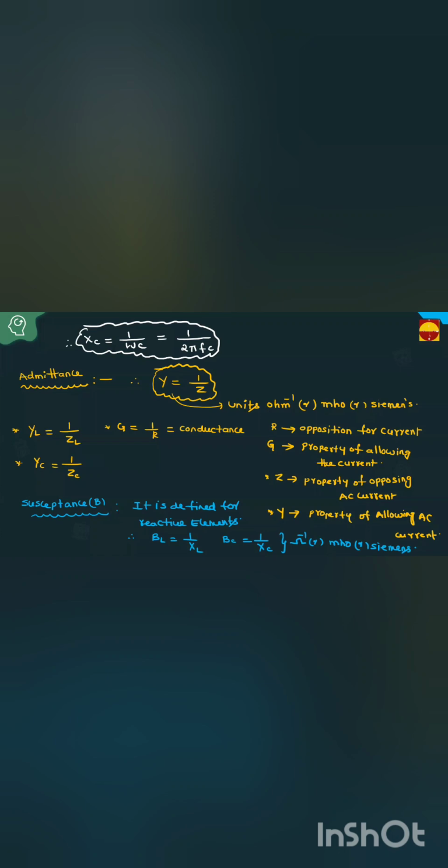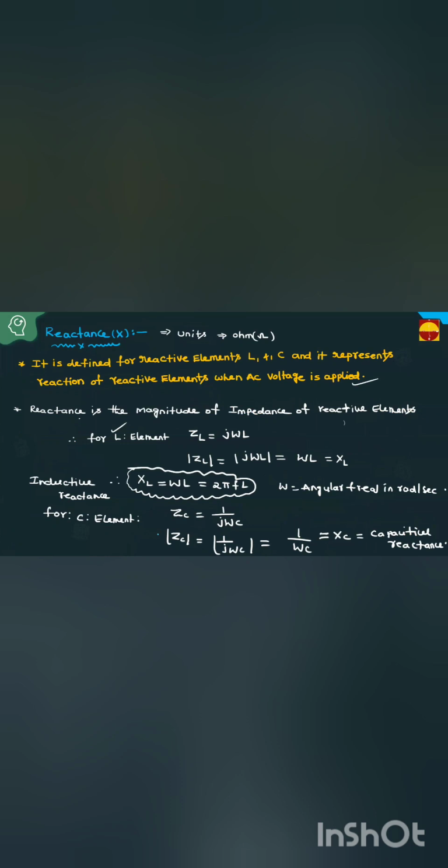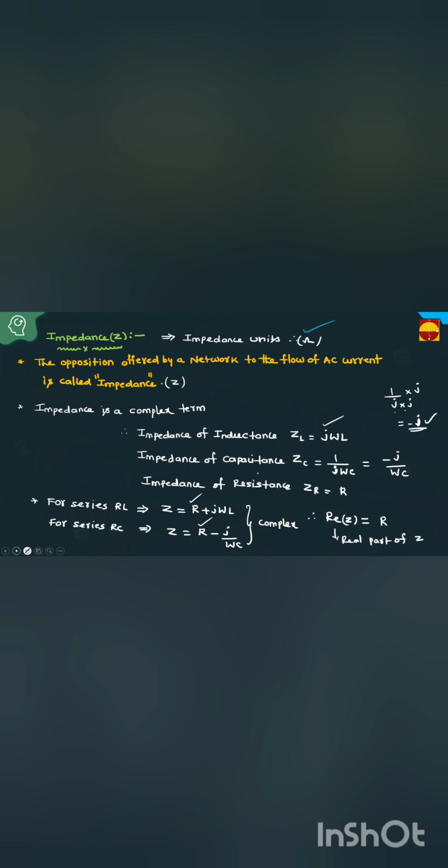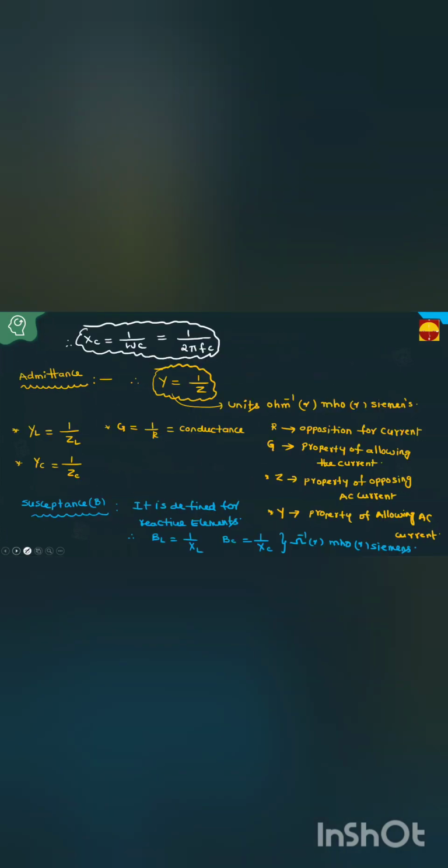Admittance units are ohm inverse or mho or Siemens. But reactance units are ohms. What are the units of impedance? Impedance units are also ohms. Reactance units are also ohms. But admittance units are mho, and even susceptance units are mho. If you write a final conclusion, friends: resistance, inductance, capacitance, all these units are ohm.